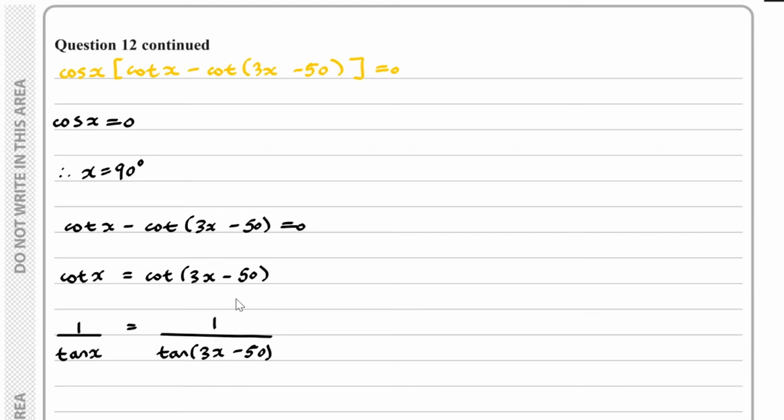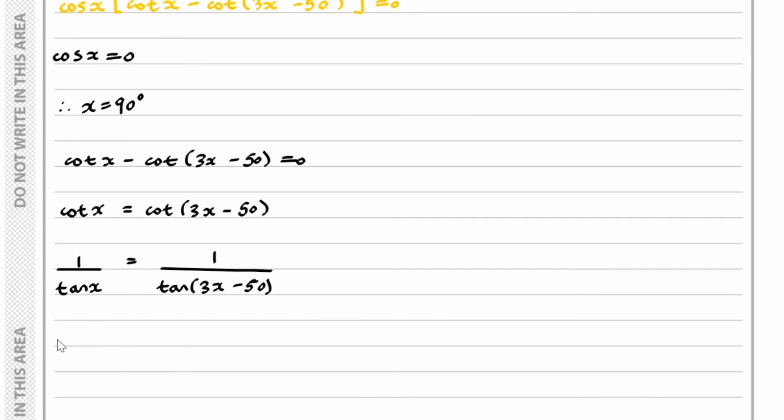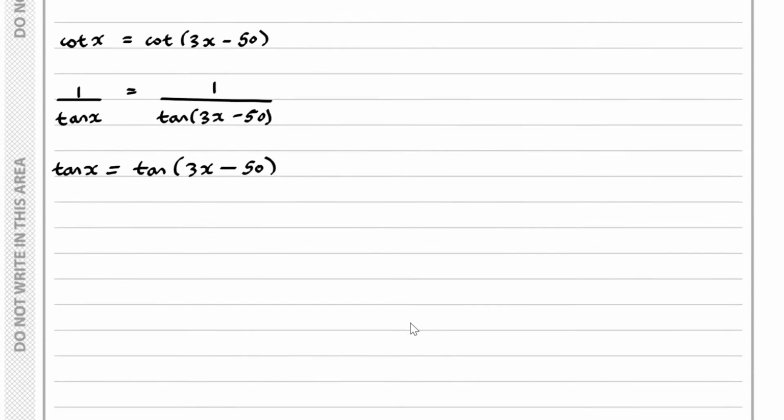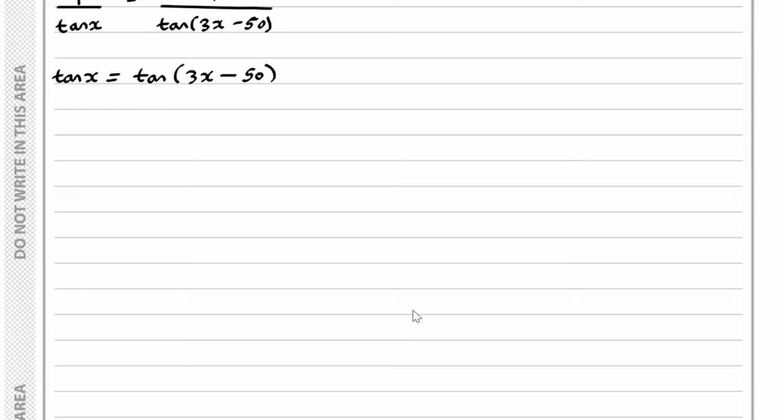And if I multiply 1 by this result and 1 by this result, we have over here tan x, which is equal to tan of 3x minus 50. Now to solve this, we would have to recognize that we have an equation of the form tan alpha equals tan beta, and I'll show you how to solve that sort of equation.